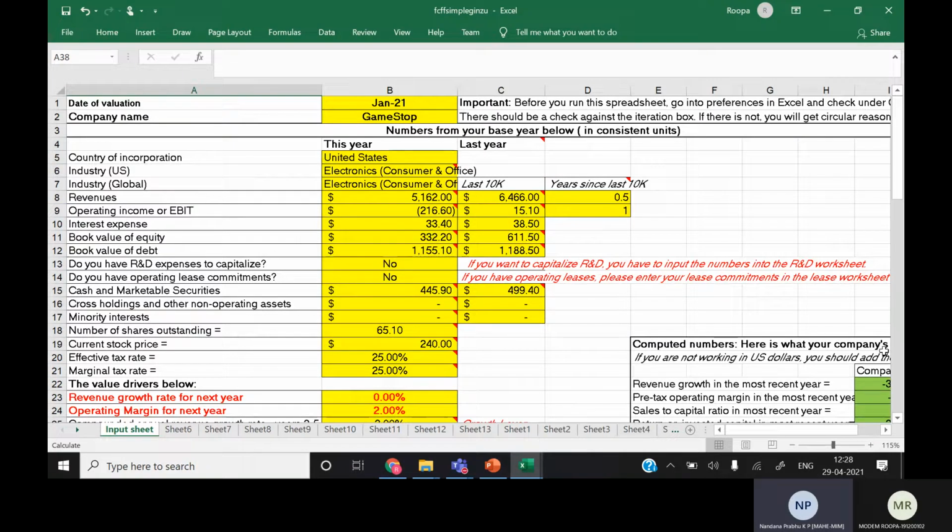Similarly, operating lease rents, you have actually paid now. Therefore, treat it as operating expense, and in the years to come also treat it as operating expense. But what is an airline company actually doing?